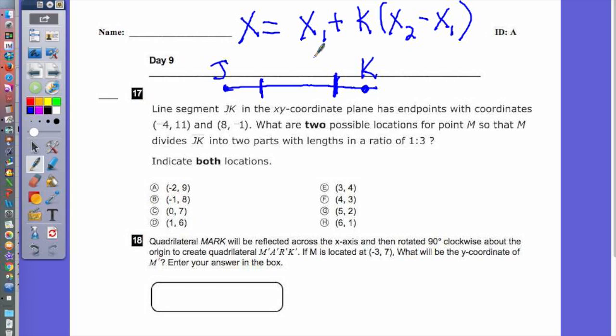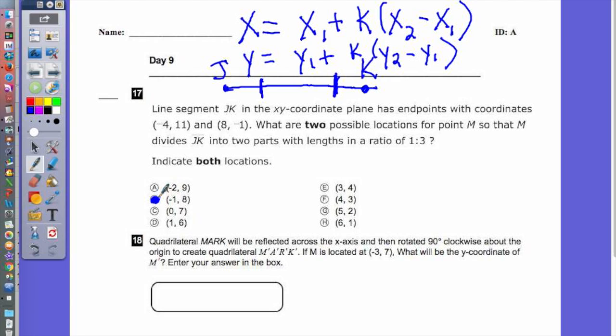You could actually plug the coordinates into the formula with your k ratio of 1/4 and find the coordinate for x. Then you would do the same thing for the y value. Okay? And you would find your point, which is the ordered pair -1/8, when you do that.